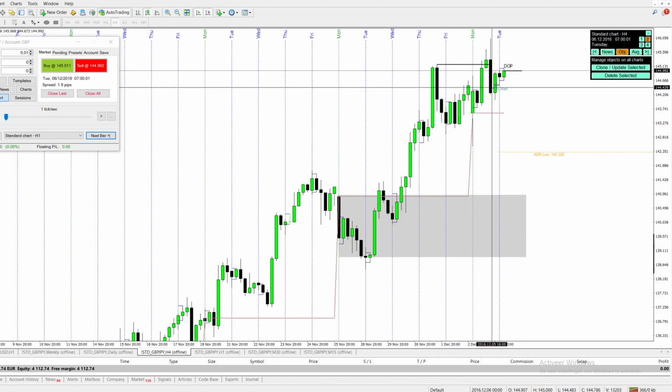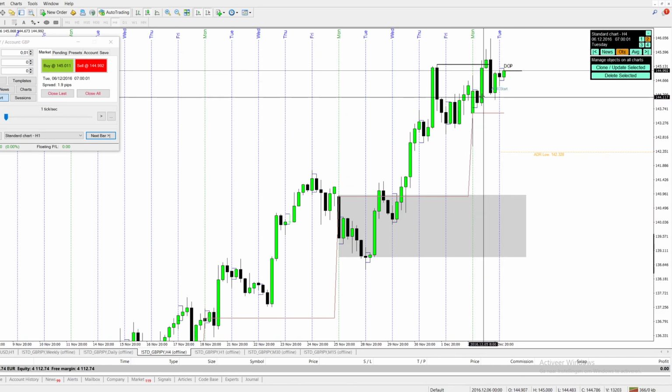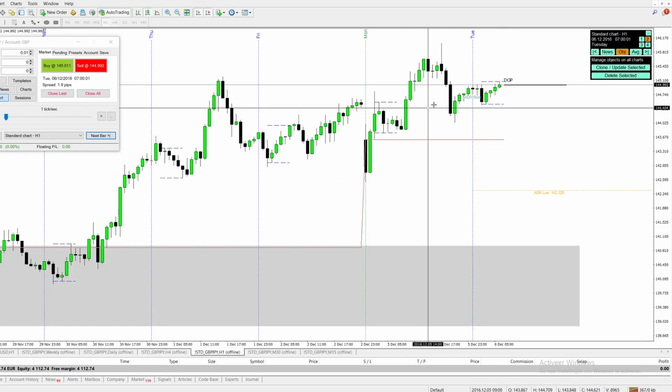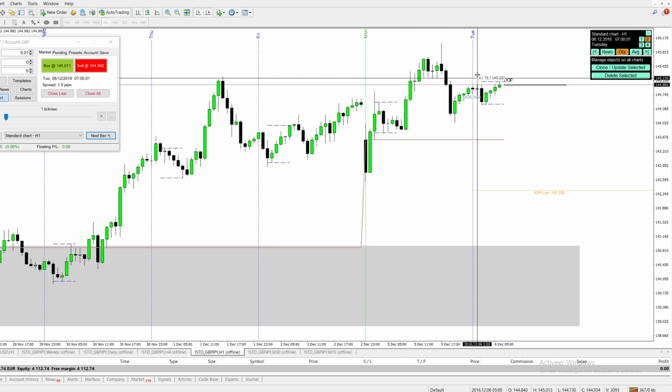Now we didn't break structure yet, so it's still respecting bullish signatures. So let's see on the 1-hour. It's still respecting everything. So I guess we'll have to see how London session turns out to be.